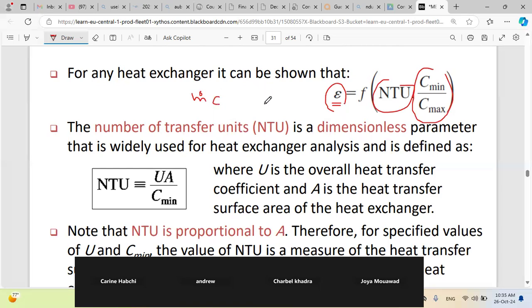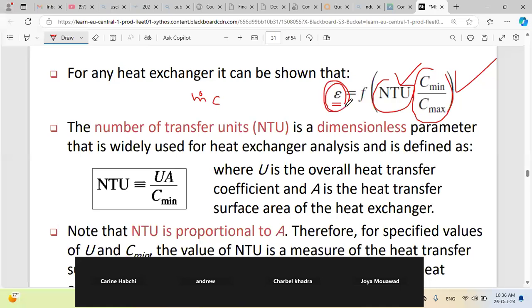We calculate it for the hot and cold fluid. Then we select the smallest one. We put it in the numerator, and the biggest one, we put it in the denominator. And we do the ratio C minimum over C max. So if we know C min over C max, and if we know the NTU, which we'll define now, we can calculate or find epsilon.